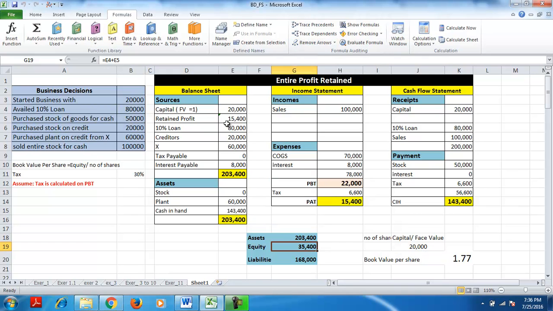The entire profit has been retained, so the book value per share has increased from 1 at the beginning to 1.77.